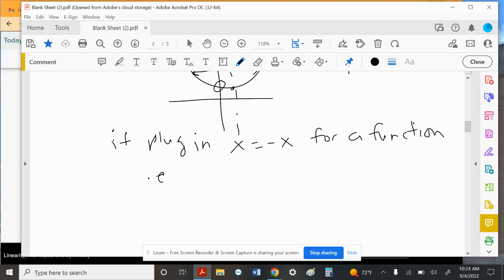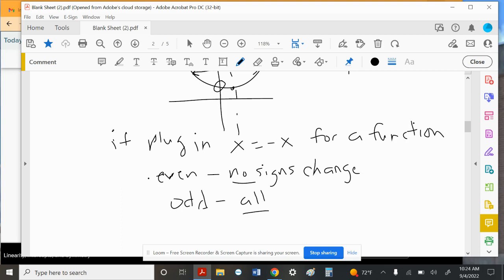An even function says no signs change. Sorry, I don't have my good pen today. For an odd function, it means all signs change. Now, what does that mean? We're going to get to that a little bit later on, but I'm going to show you here.